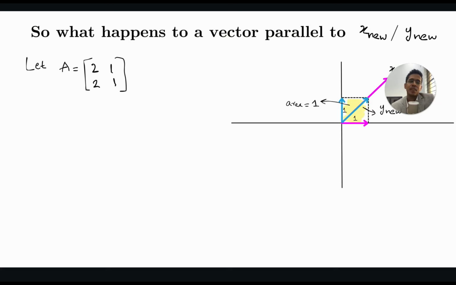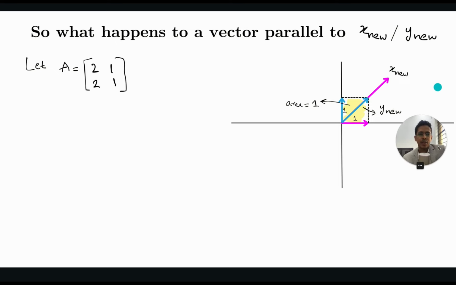And if we take any other vector parallel to x new and y new, so this pink line is x new, this is y new, and this is the case where the matrix transforming x cap and y cap into x new and y new has zero determinant. That's why these two became parallel. Now, what happens to another vector that is parallel to x new and y new?